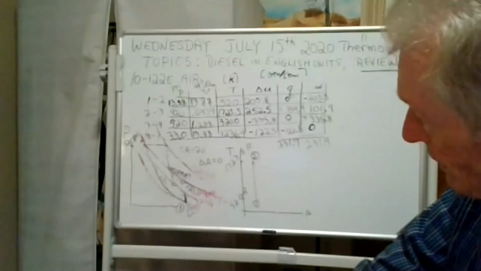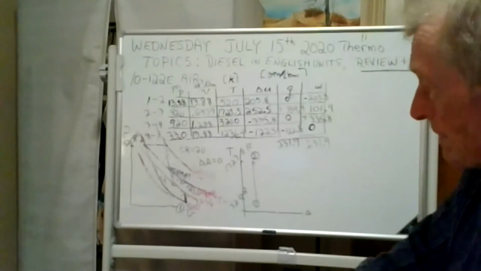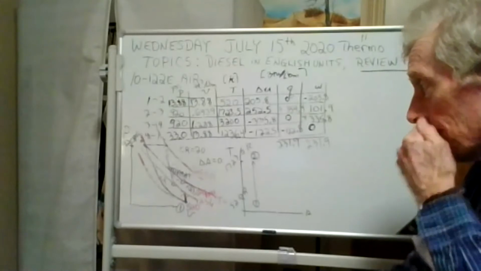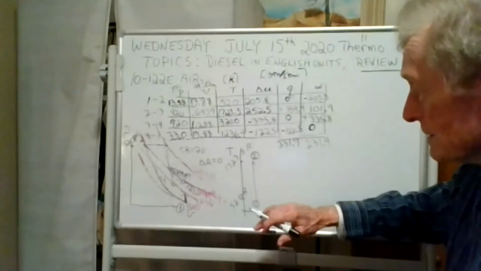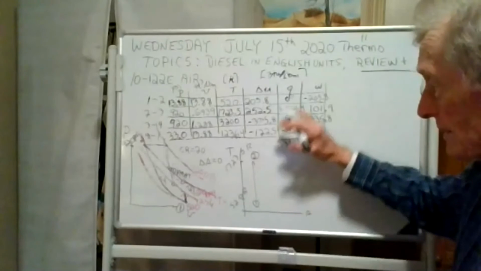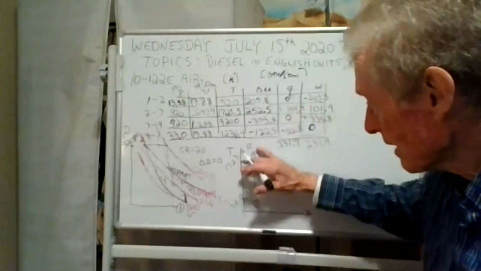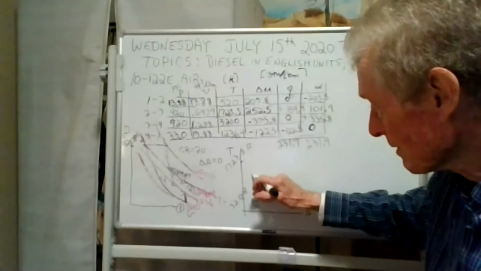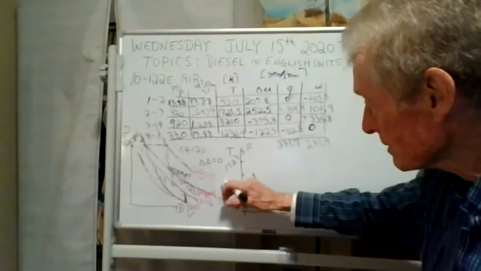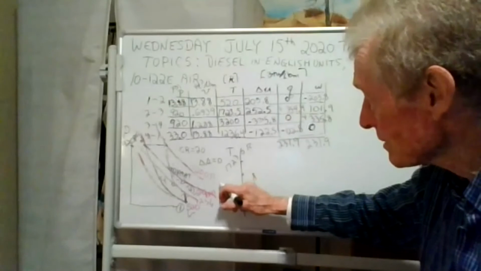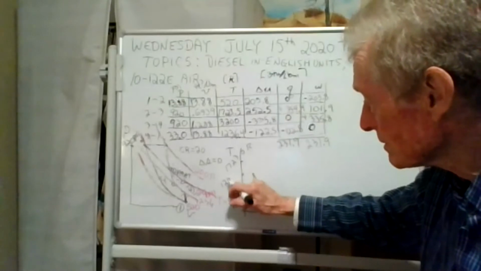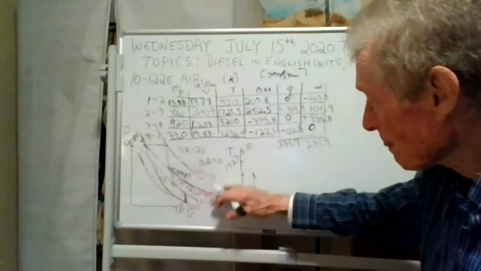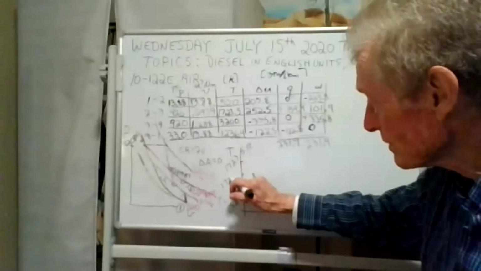Now, I've told you about isobars on a TS diagram. I think they kind of go like that. So I need some room here. I'm going to fudge here a little bit. We'll put the 1723 down here a little bit.